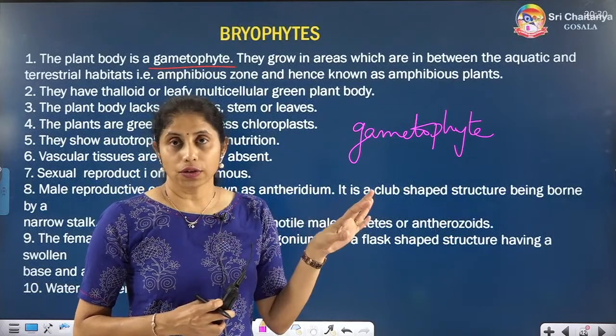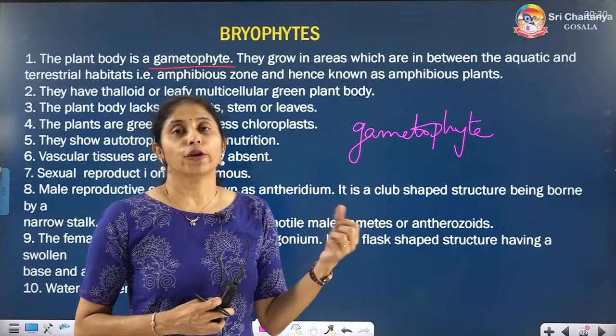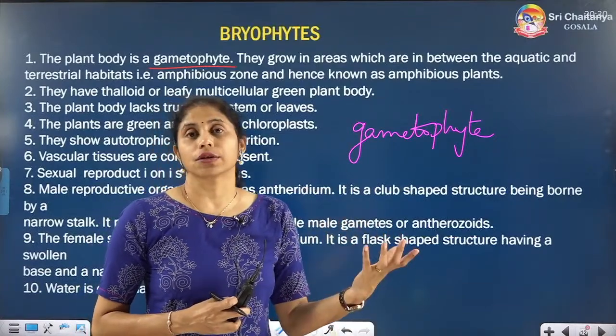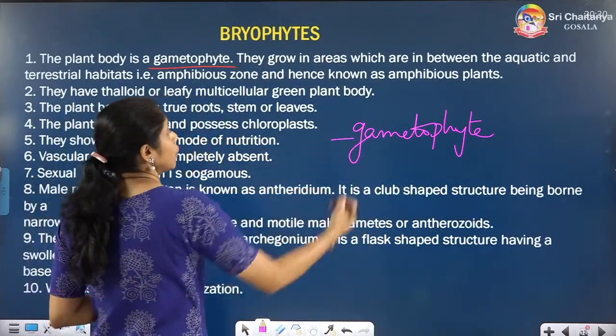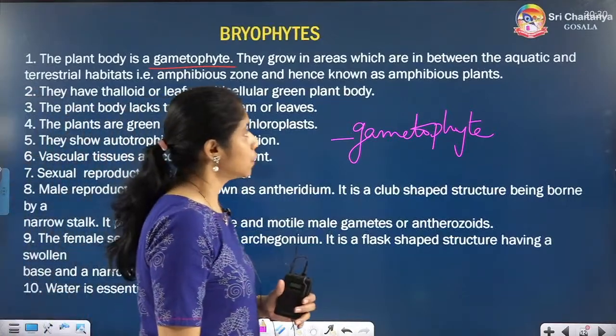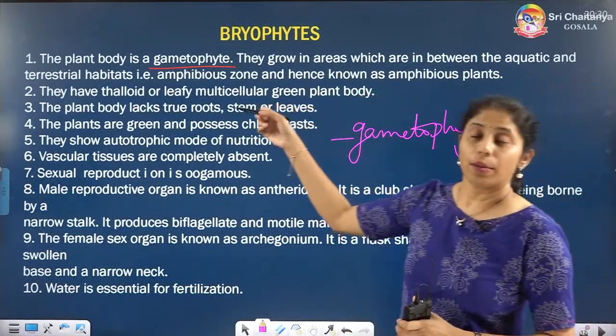There are no true structures like a normal root, stem and leaf. So that plant body in bryophytes is called the gametophyte. They grow in areas in between aquatic and terrestrial habitats.